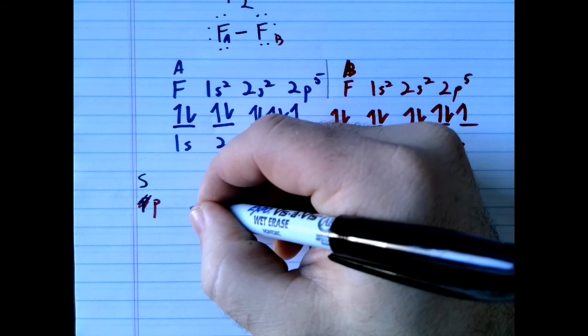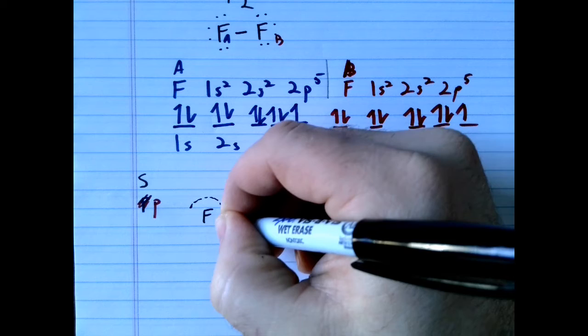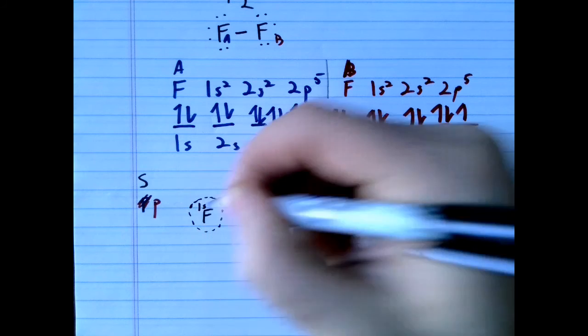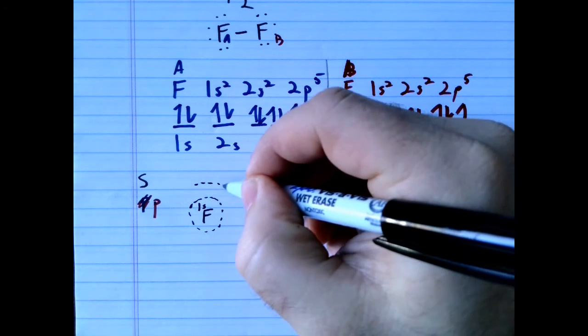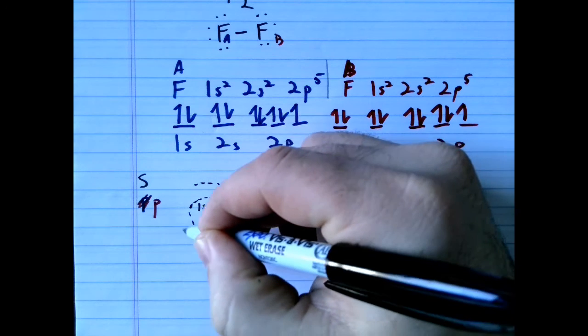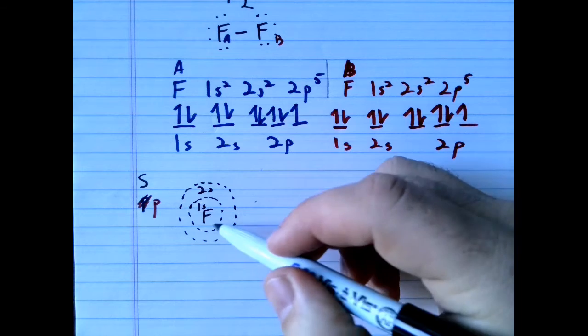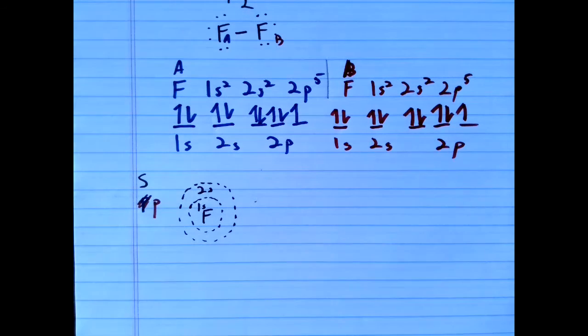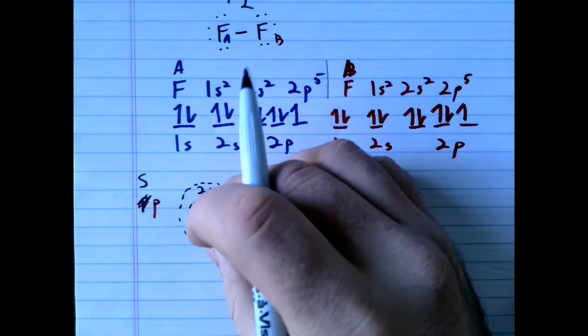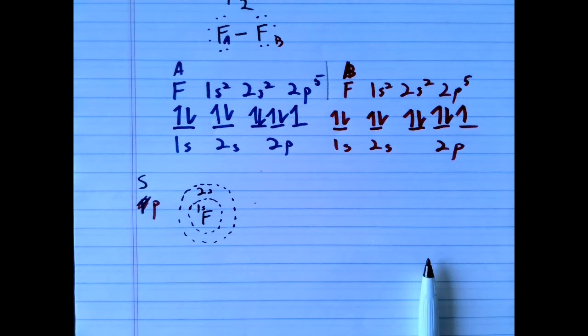So my S orbital on the F. This would be 1s. Here's my 2s. The 1s is completely covered by the 2s orbital. Okay? It actually kind of pushes that 1s orbital down into it.